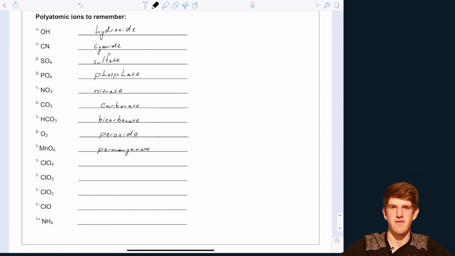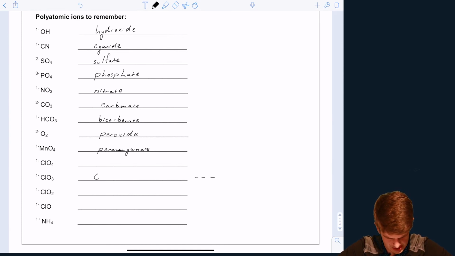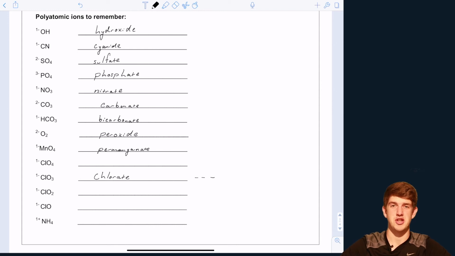Now, the ClO4 and all of that stuff, those are usually the ones that people struggle with a little bit. The thing I usually remember is that ClO3 is where I like to orient myself. It's like my ground level. And that is chlorate. Most of these end with ate, and this is no exception. What happens when we have one oxygen less than the base? We change our suffix to ite, so this is chlorite.